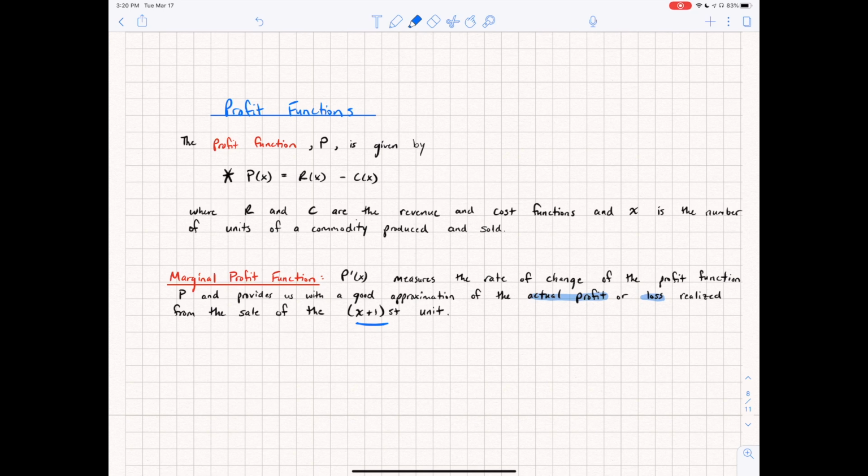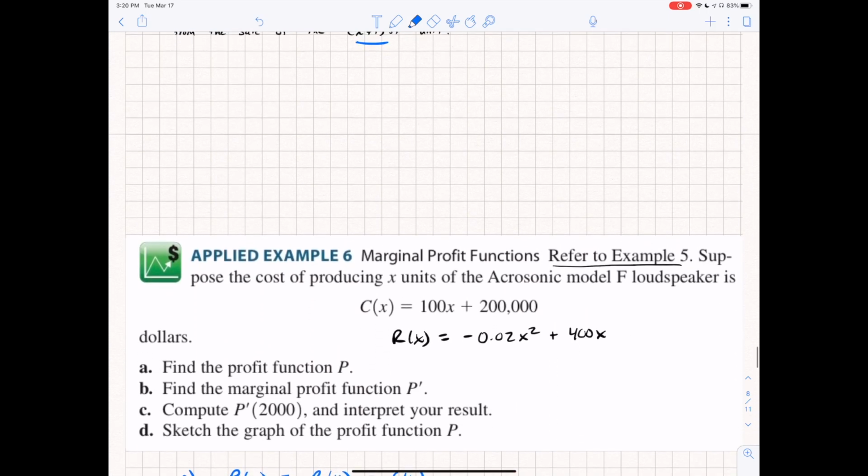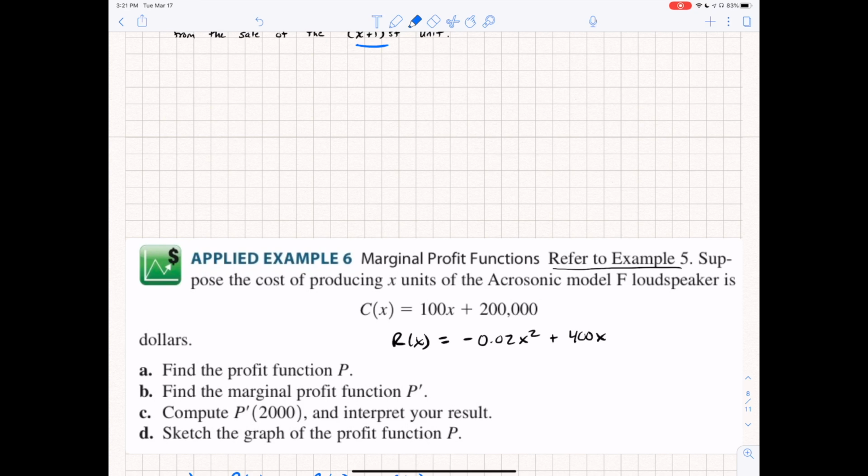And so I've got an example. This example is applied example 6. It is the marginal profit function. Refer to example 5. Suppose the cost of producing X units of the Acrosonic Model F loudspeaker is C of X equals 100X plus 200,000 in dollars.